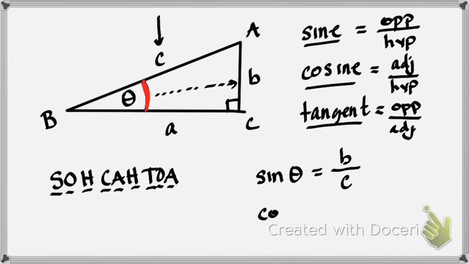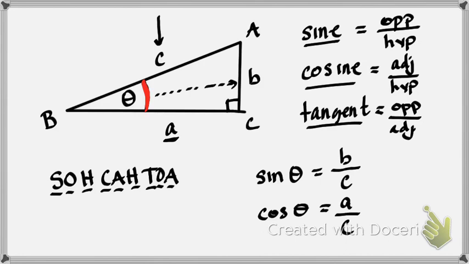The cosine of theta, again, we're still looking at the red angle. We would do the side adjacent, because cosine is adjacent divided by hypotenuse. The side adjacent theta would be A, right here, divided by still the hypotenuse, which would be C. Sometimes you have to use tangent because you may not have the side opposite.